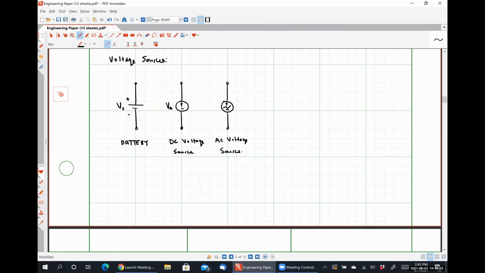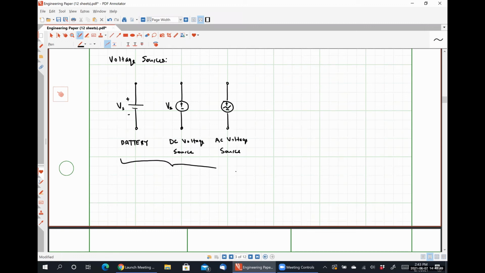So typically speaking, this is classified as sinusoidal voltage sources, which we'll be dealing with a lot in the last third of this class, but it can be also used to represent square waves, triangular waves, or really any time varying voltage signal.